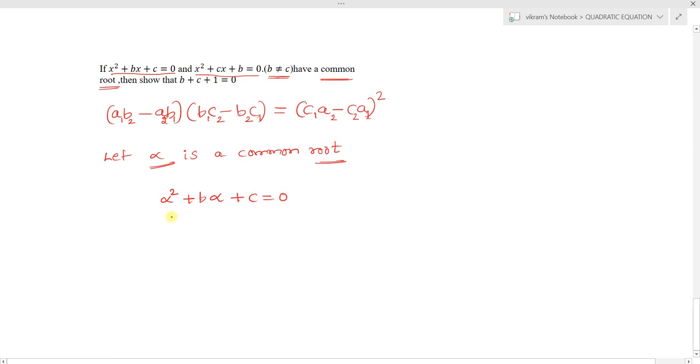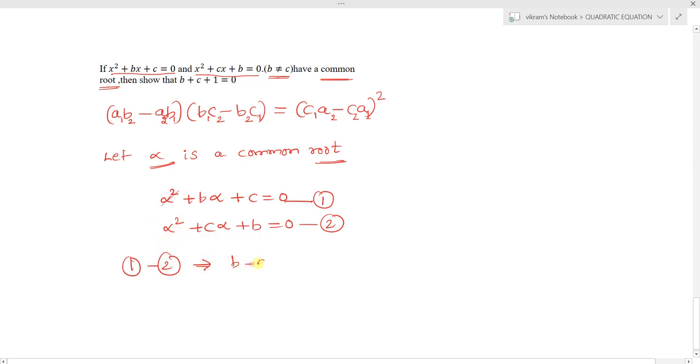Then alpha is a common root for the next quadratic equation also. Then we can write alpha square plus c alpha plus b equals 0. While substituting this, simply subtract 1 and 2. If we subtract 1 and 2, alpha square and alpha square cancel out.